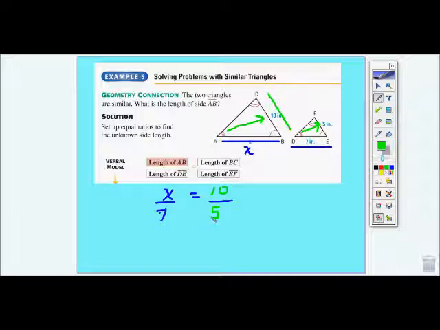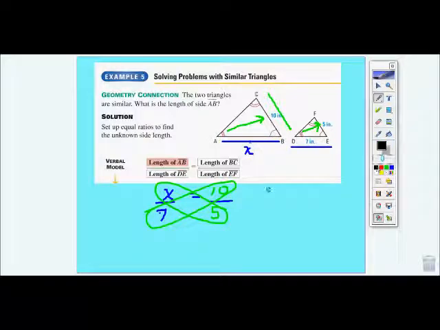Now, because these are equal ratios, we can do this 2 different ways. We can do cross multiplication, or we can multiply by the reciprocal. These are workable numbers, so we'll go ahead and set this up as cross multiplication.